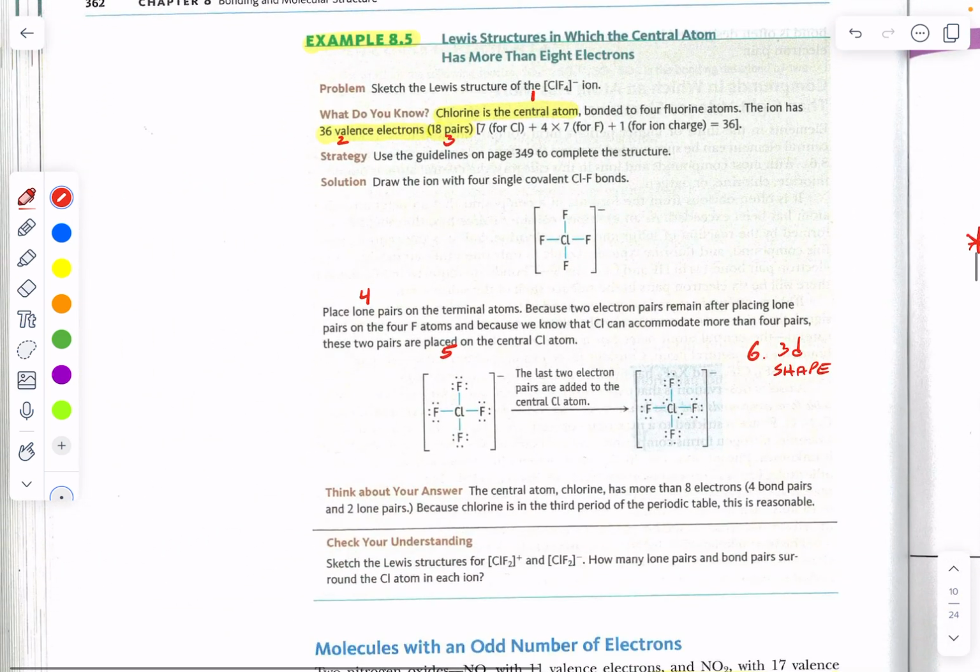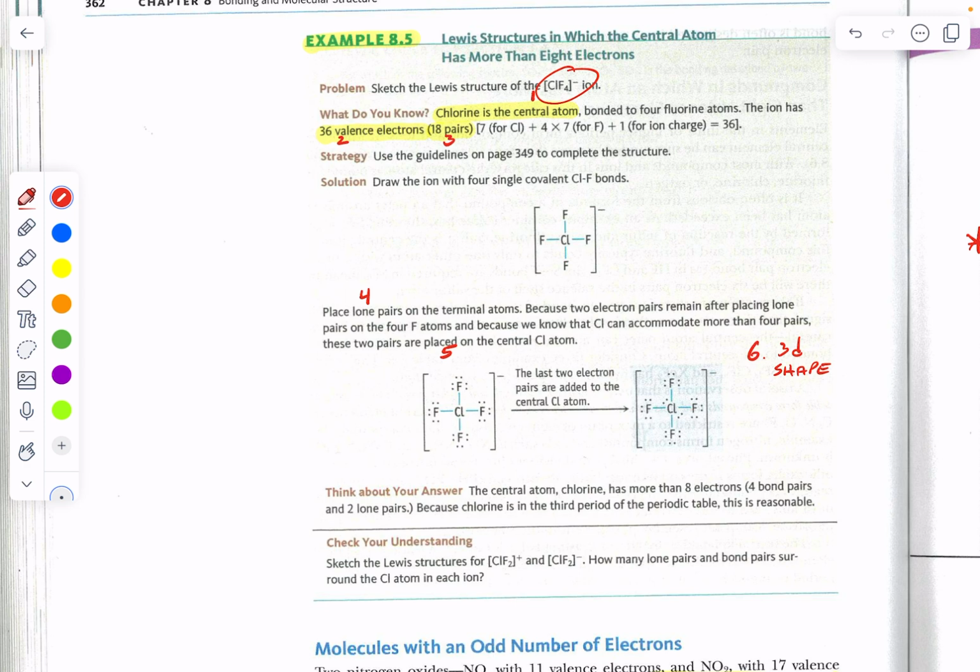So here's an example. We have chlorine as our central atom. Chlorine is not as electronegative as fluorine, and your central atom is the one that is the least electronegative.